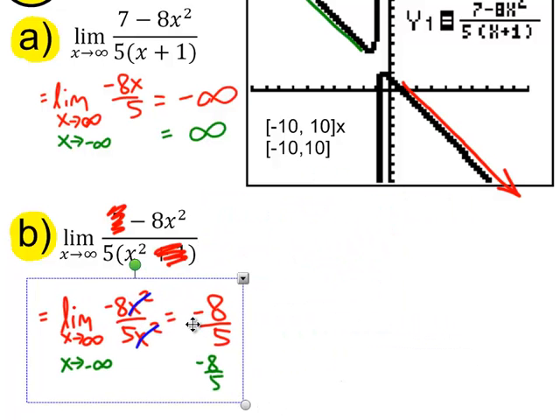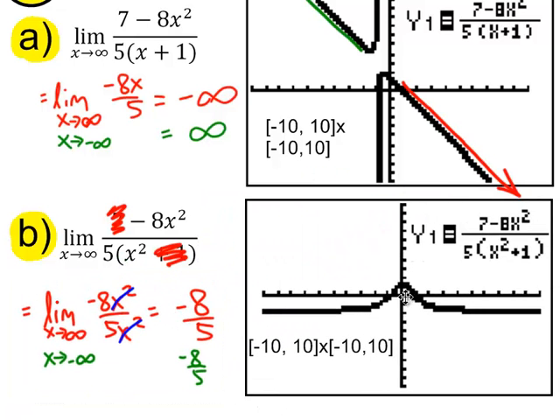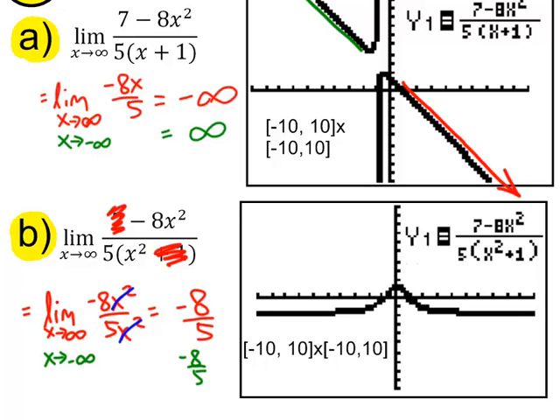So let's shrink that down, move it over, and once again, support graphically. And we see that sure enough, as x gets bigger and bigger in the positive direction, it levels out to some apparently constant y value, same as when x goes in the negative direction. And although it's hard to see just from this graph alone, we can believe that they are both leveling out in both directions to negative 8/5, which is between negative 1 and negative 2.